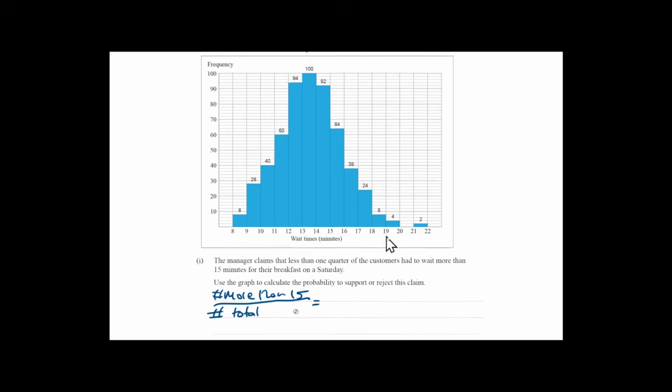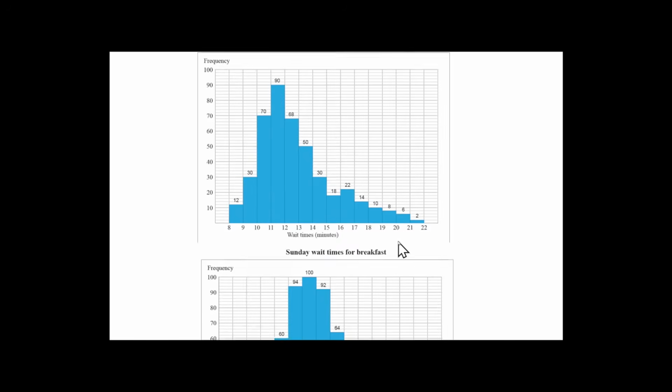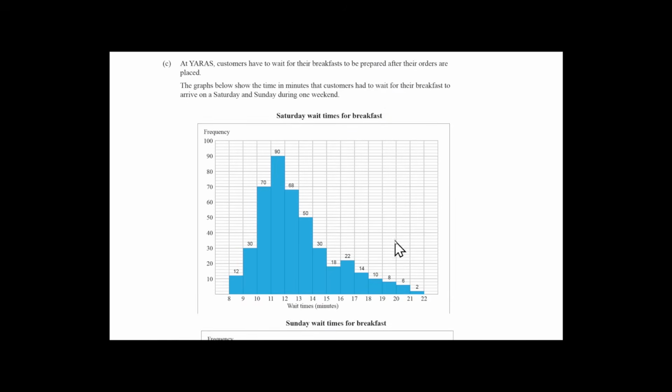Okay, so what we want, I guess, is the number of people who wait more than 15 minutes divided by the total number of customers. So, and it's Saturday, they don't tell us how many customers there are.